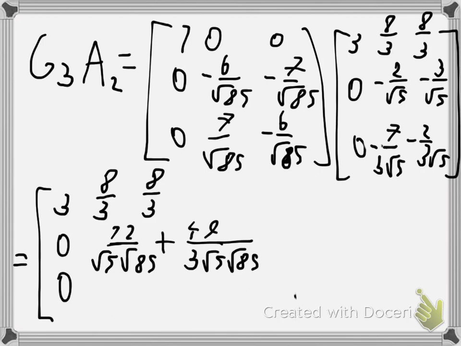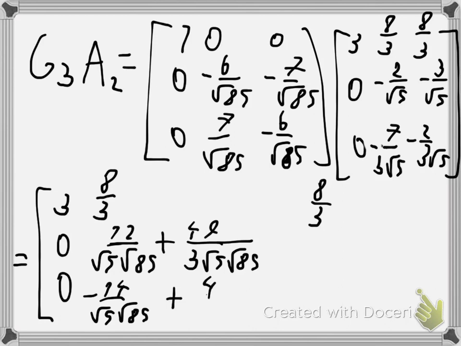So this will become a bit messy. Okay, here we get negative 14 over square root of 5 square root of 85 plus, yeah, that should be correct. It's just a little bit messy, but otherwise it's fine.